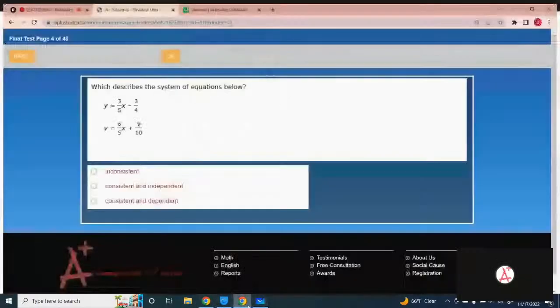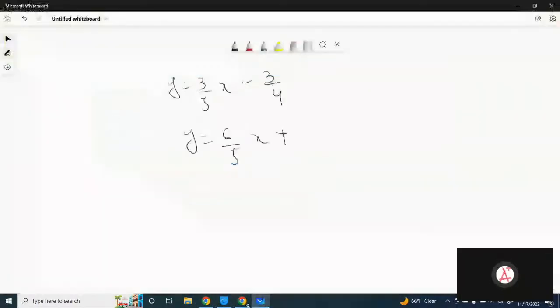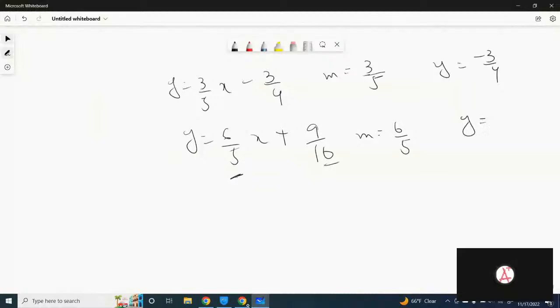Okay, the slope for equation number 1 is m equals 3 over 5, and the y-intercept is negative 3 over 4. The slope for the second equation is m equals 6 over 5, and this is the y-intercept, 9 over 10. Got it? So both equations have different slopes.